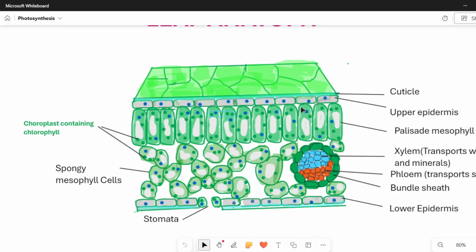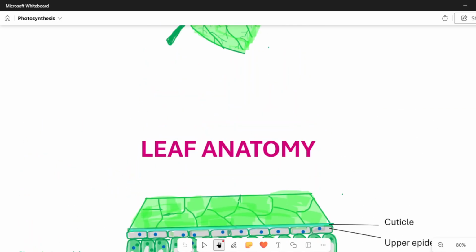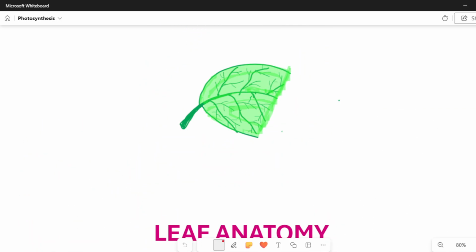In this part, if you see, 80% of photosynthesis happens in these palisade cells, and another 20% happens in these spongy mesophyll cells, and to some extent 1% happens in these guard cells because they also have chloroplast in them.